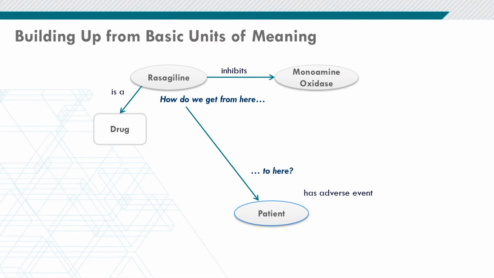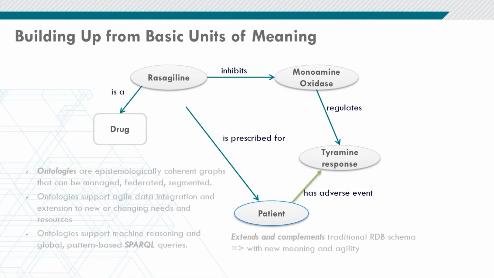This drug, rasagiline, inhibits monoamine oxidase. Monoamine oxidase regulates tyramine responses. And we could actually go further and have a line that would show that tyramine response is associated with high blood pressure and some of those headaches and some of those other difficult examples.